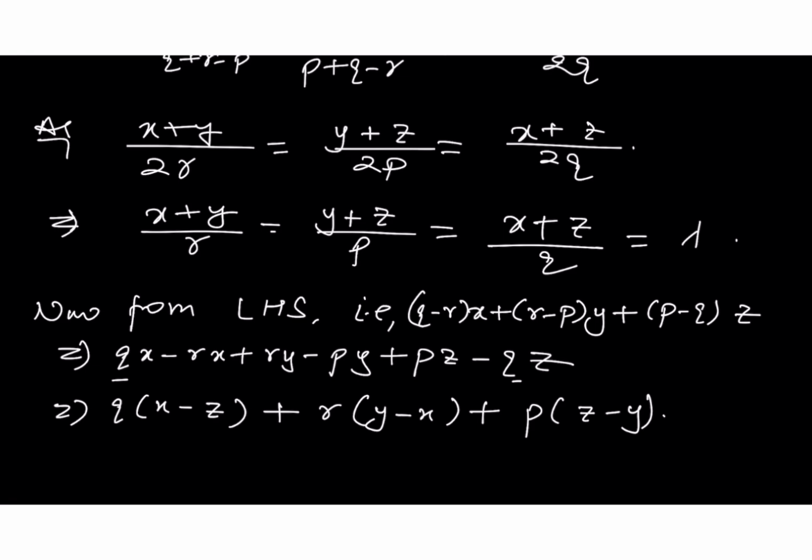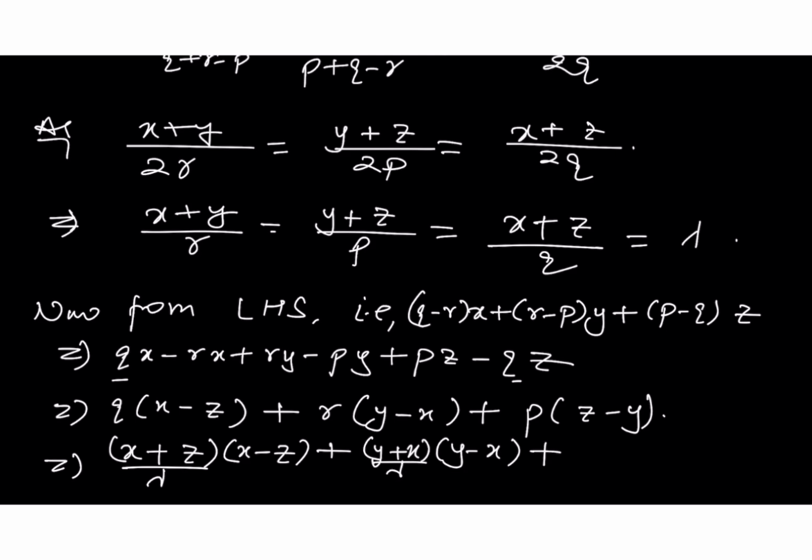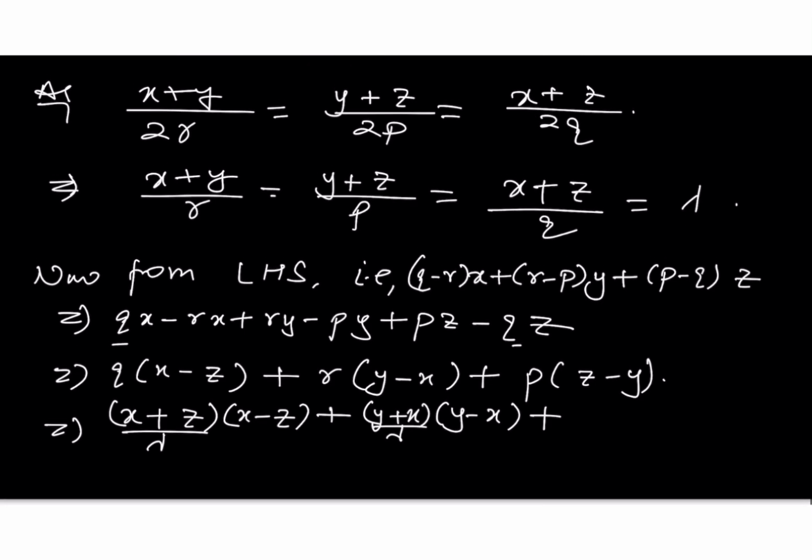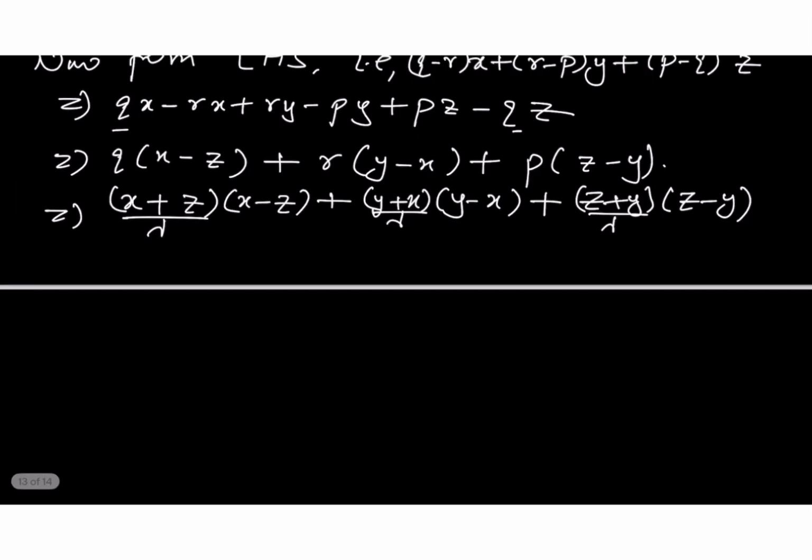Okay, now in place of q I can write (x + z/λ) and (x − z) as it is, plus in place of r I can write (y + x/λ) into (y − x) as it is, plus in place of p I'm writing (z + y/λ) and (z − y) as it is, right?